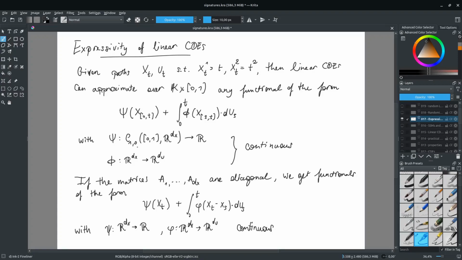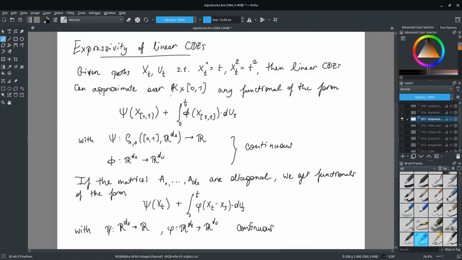That's one small technicality, that actually the signature doesn't really depend on the initial point. So you have a continuous function of the whole path plus the integral of some continuous function of the state along the whole path. And so the CDEs can approximate functions of this form over some subset.